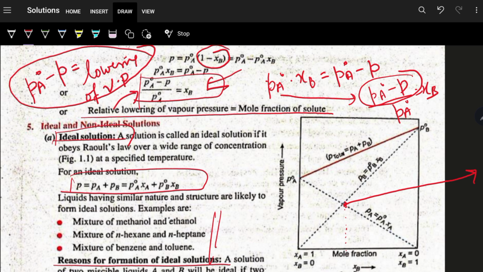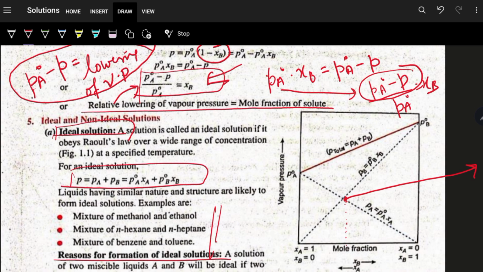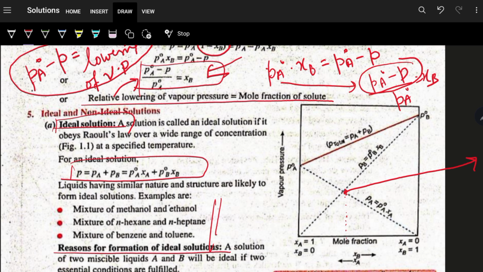And relative lowering is PA naught minus P upon PA naught. Why? Because in relation to the pure vapor pressure, that means vapor pressure of the pure solvent A, how much lowering has taken place? That is known as relative lowering. So PA naught minus P by PA naught is the relative lowering, which is equal to the mole fraction of the solute.